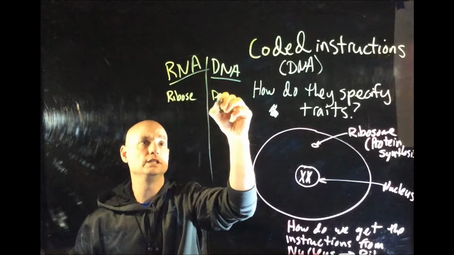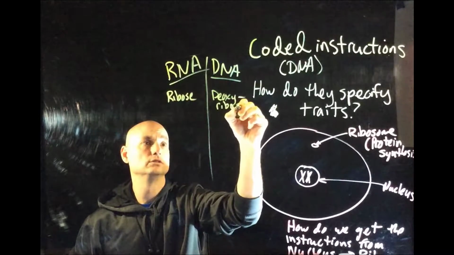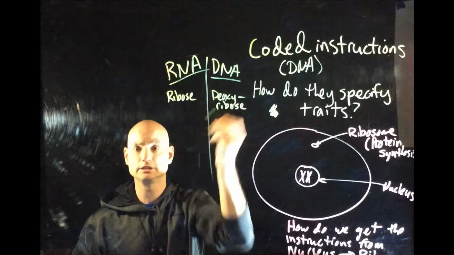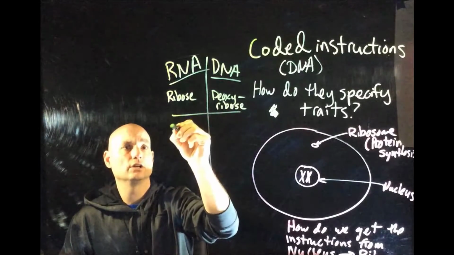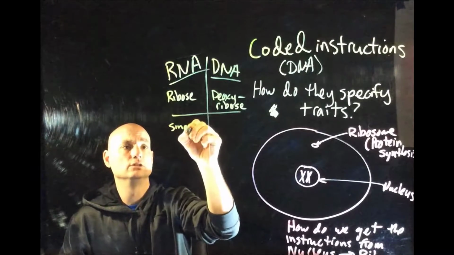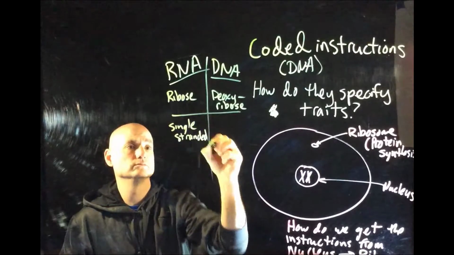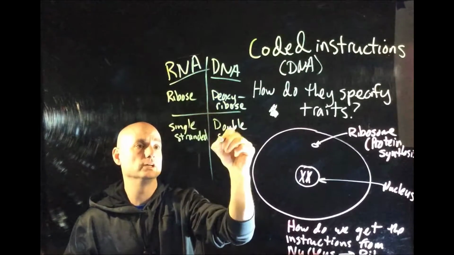DNA is deoxyribose. It's actually missing one oxygen, deoxy. Another thing we know is that this RNA is usually single-stranded. And you know already that DNA is double-stranded.